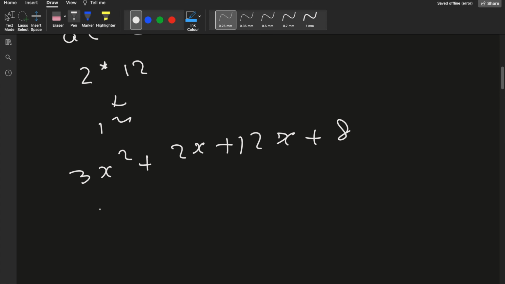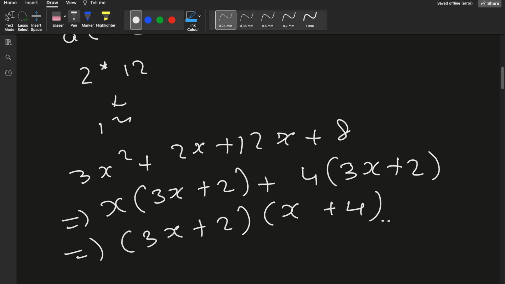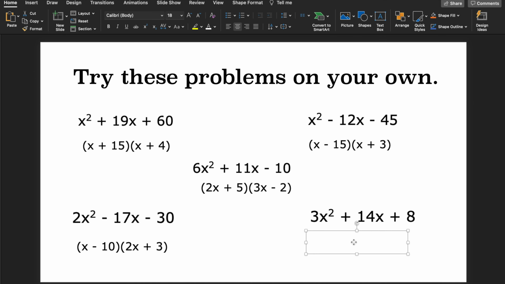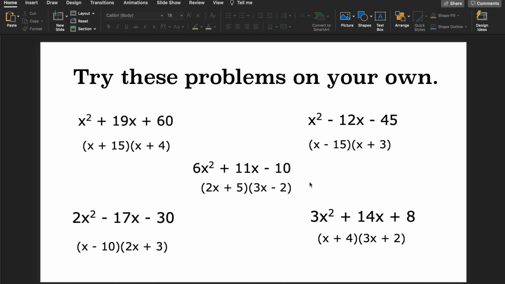Now we'll have to simplify it and factorize it. x into (3x plus 2) plus 4 into (3x plus 2), which gives (3x plus 2)(x plus 4). Yes, that's our answer. So that's all for part 3, and thank you.